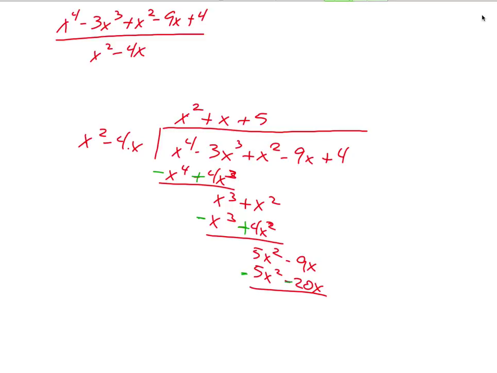Change the signs. Negative 9x and 20x is 11x. Plus 4. Bring down the 4. Can x squared go into 11x? No. So what does that mean 11x plus 4 is? The remainder. How do we write the remainder? 11x plus 4 over x squared minus 4x.